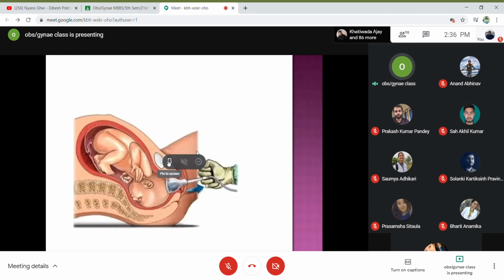This is a vacuum, a source of negative suction. We apply that to the fetal skull, give the negative suction, and there is formation of an artificial caput. So when you pull the vacuum, the fetal head also comes out along with it. This is the idea of applying the vacuum.